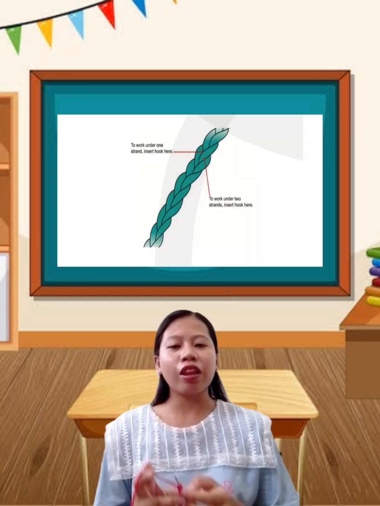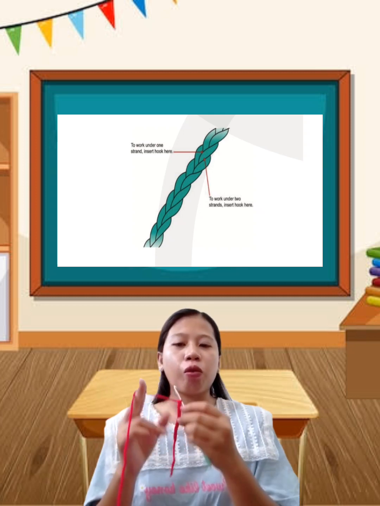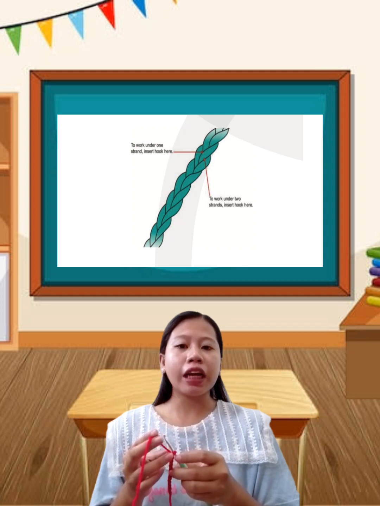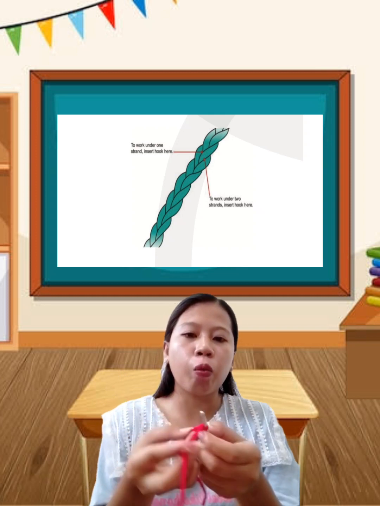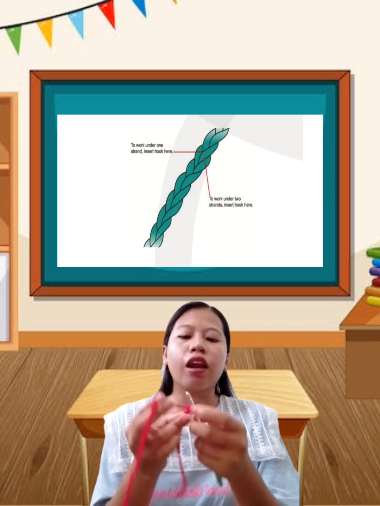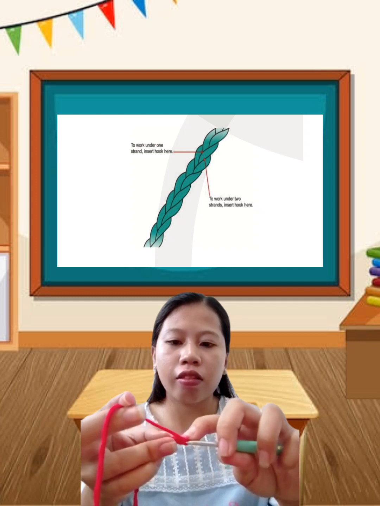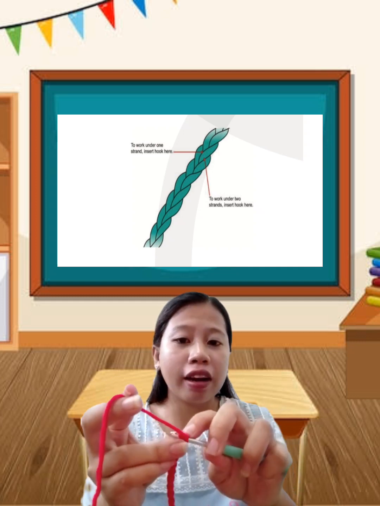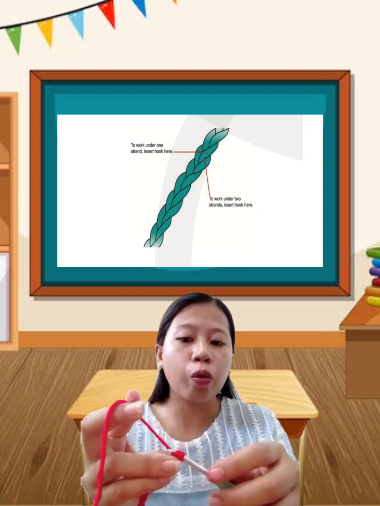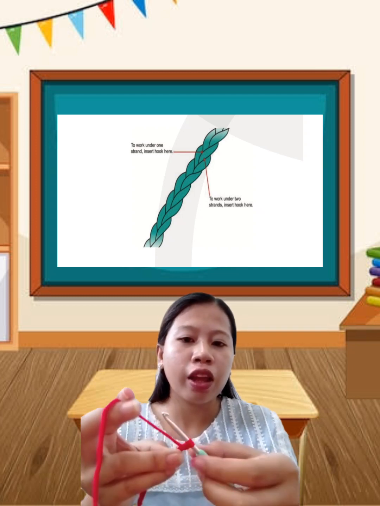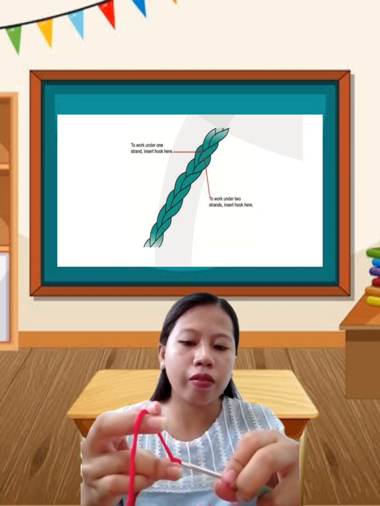And now, I will teach you how to work into the foundation chain. Step 1, when working into the starting chain, you may work under 1 or 2 chain loops. Insert the hook into one strand of yarn, yarn over, twist the hook and pull through, then pull through 2 loops.